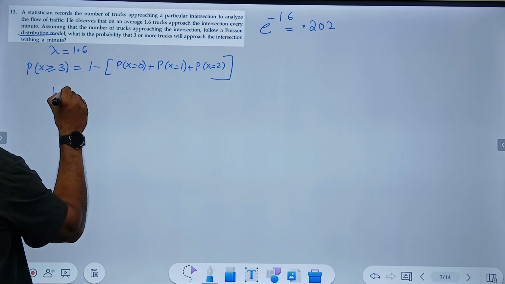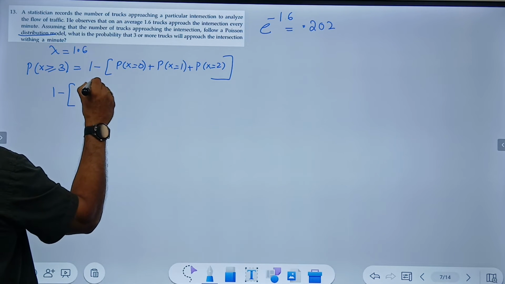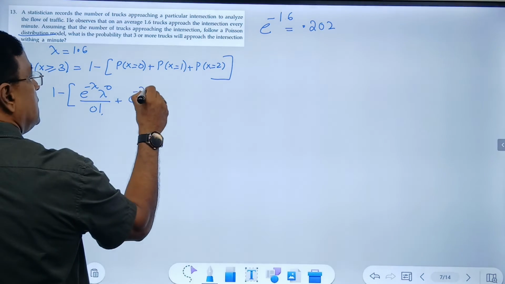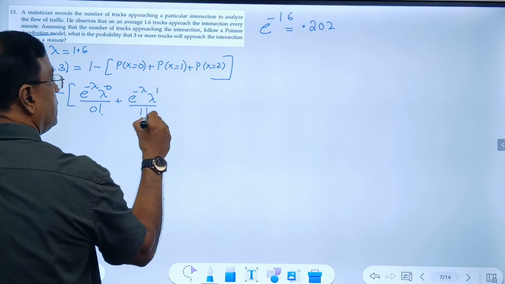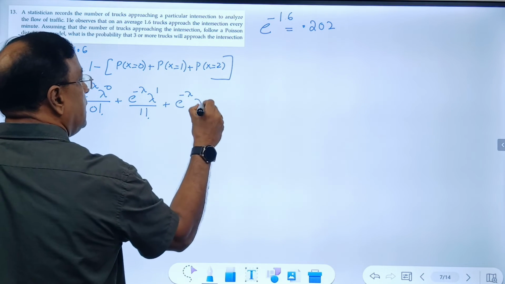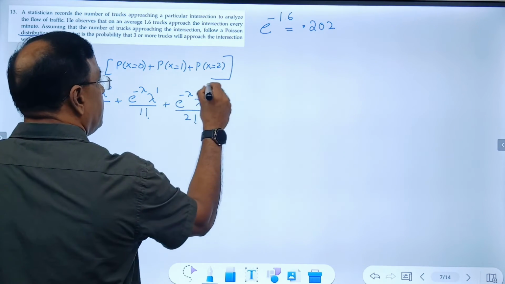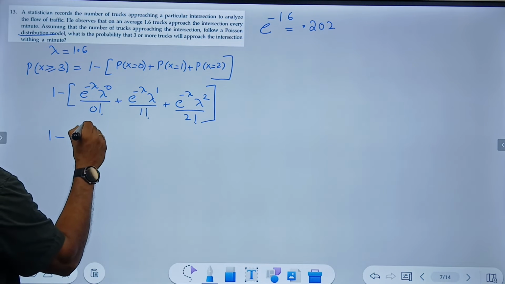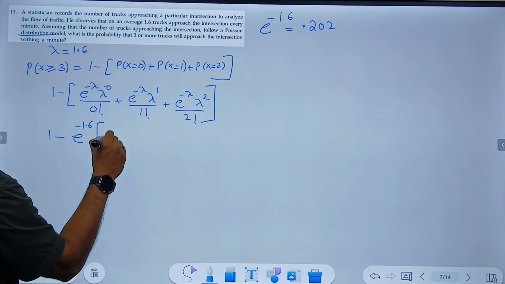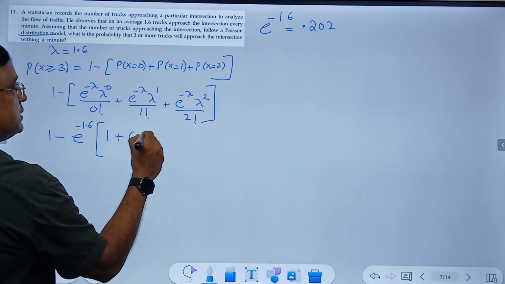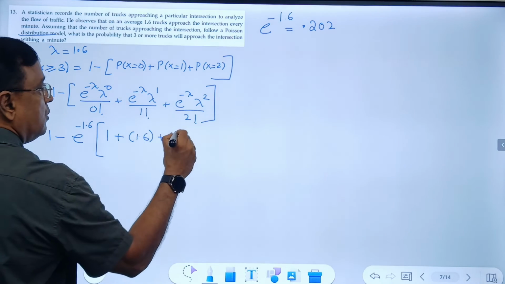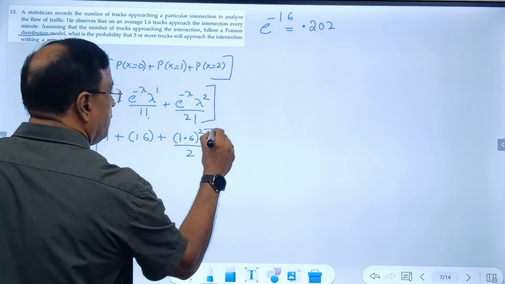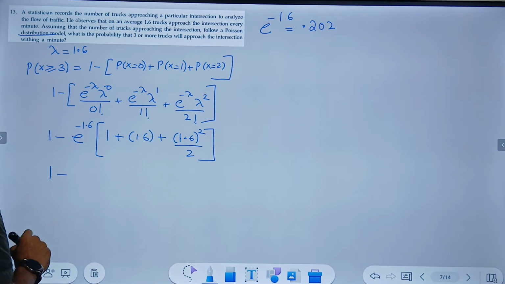which is 1 minus e power minus lambda, lambda power 0 by 0 factorial, e power minus lambda, lambda power 1 by 1 factorial, e power minus lambda, lambda square by 2 factorial. So this is 1 minus e power minus lambda. What is lambda? Minus 1.6. This is 1. Lambda is 1.6 plus 1.6 the whole square by 2. So this is 1 minus, what is the e power minus 1.6?